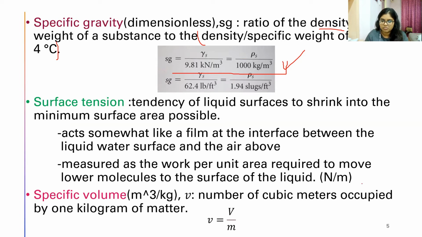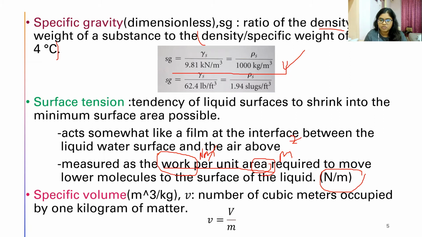So its unit will be Newton per meter, because it is work per unit area. Work is in Newton meter while area is in meter square. So these two cancel off each other and we will have Newton per meter.